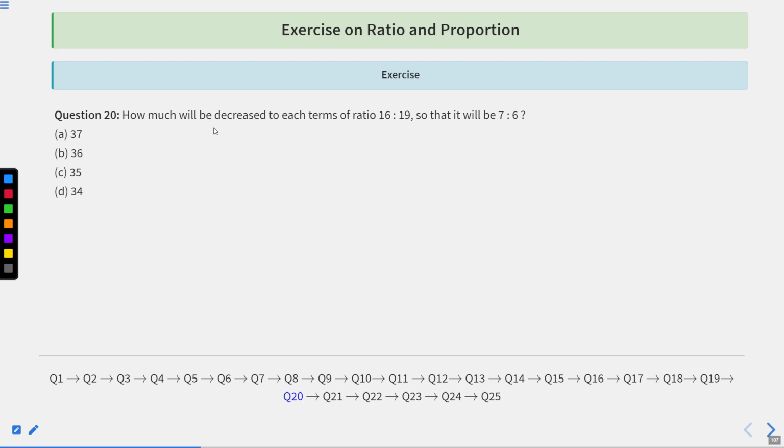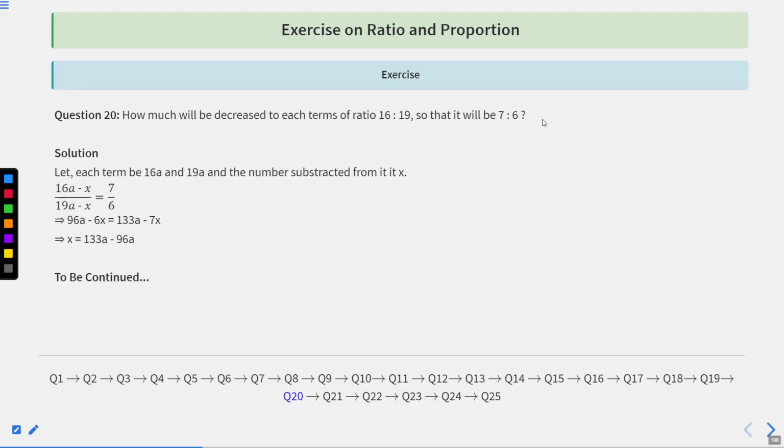Question number 20. How much will be decreased from each term of 16 is to 19 so that it will be 7 is to 6? Let each term be 16a and 19a and the number subtracted from it is x. So 16a minus x, 19a minus x, and we want it to be 7 upon 6.